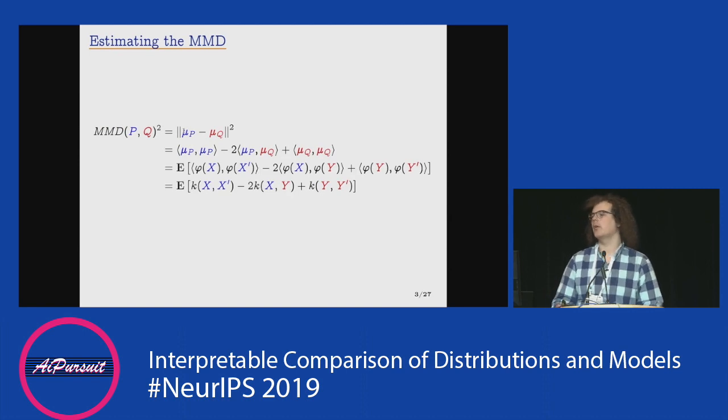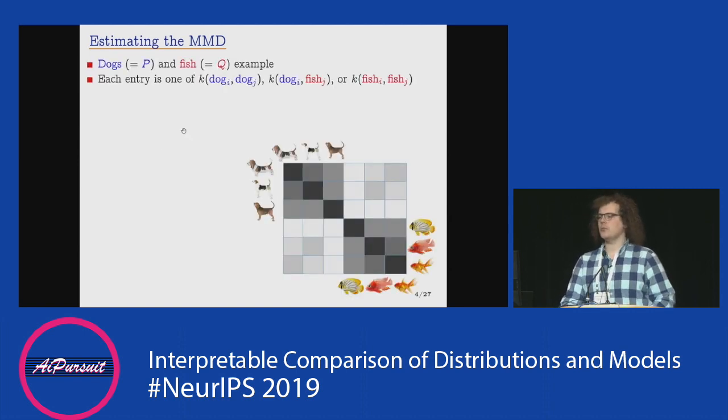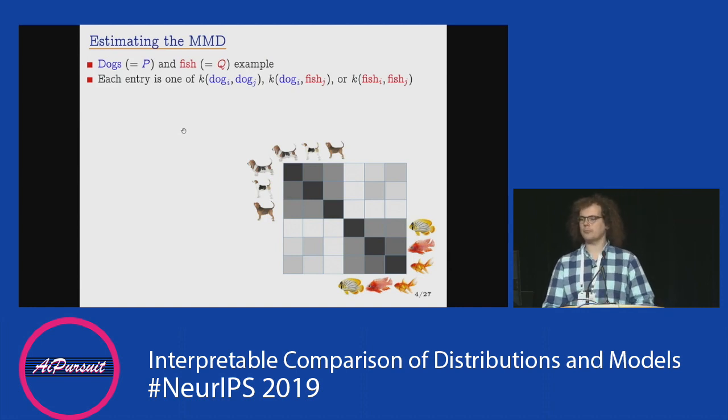So what does that look like? Let's go back to the dogs and fish and show you how to compute that here. Here we have a bunch of images of dogs, a bunch of images of fish, and what I'm showing on the right is a kernel matrix where each entry is the kernel value between one of the dogs and one of the fish, or two dogs, or whatever.